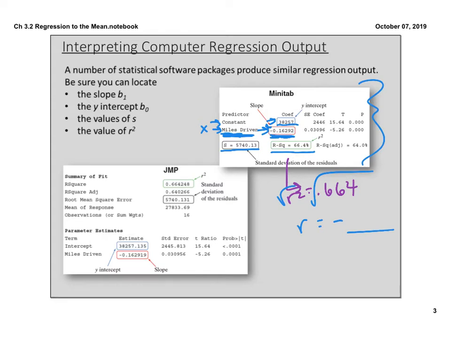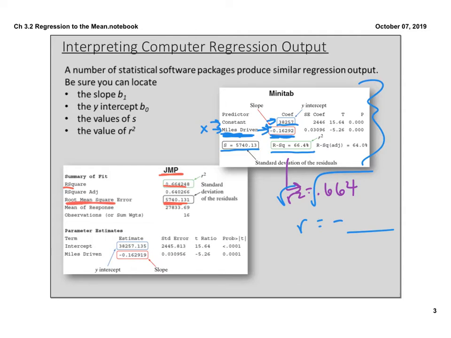Another program that you see sometimes is called JMP, though people say JUMP. You can see here you've got your R square value, and you've got the root mean square, that's your S. The standard deviation is also called the root mean square, which is a phrase you'll sometimes see on the AP exam. Not often, but sometimes.